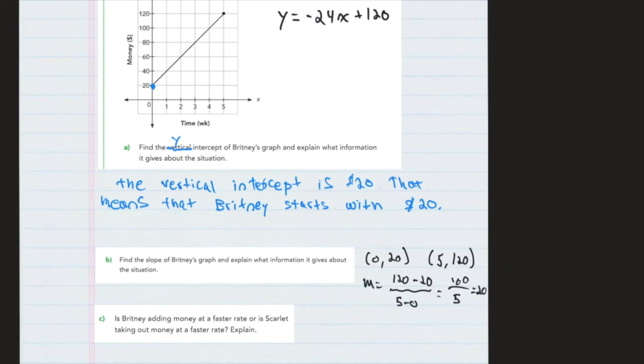Okay, so what does that mean about the situation? Well, that means that for every week, right, so it's every 1 week, Brittany adds $20.